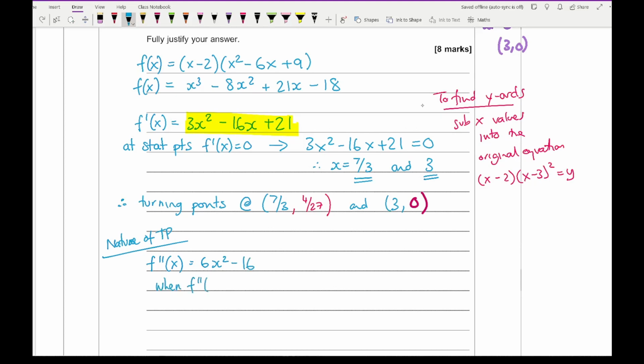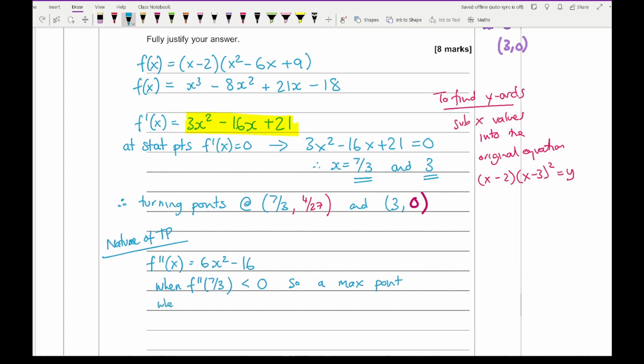So when f double dash of x at 7 over 3 gives me a value that is less than 0, so a maximum point.